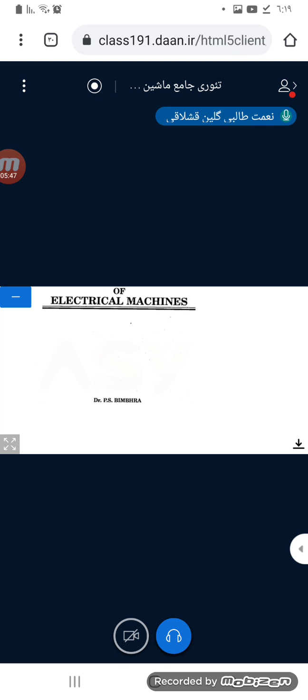Electrical machines, simulations by MATLAB and Simulink. This is MATLAB and Simulink, a simulation package, simulation software. So we can use it for simulation of all kinds of electrical equipment.